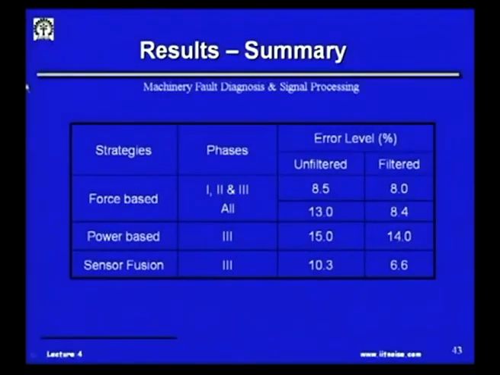And in this example which we saw, a sensor based fusion for filtered data also gives you the best value, okay, unfiltered and filtered. So sensor fusion is another area which is being used for robust fault detection and identification in machineries.